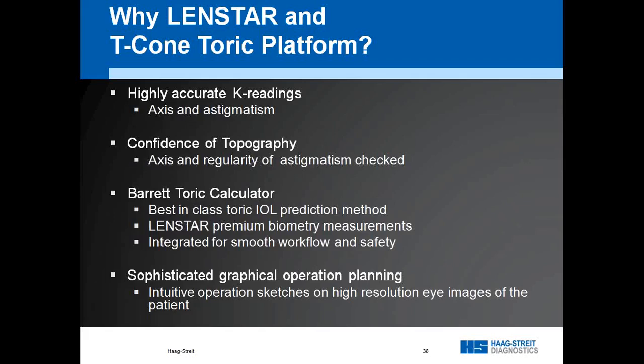The Barrett toric calculator, as shown with just the recent results, is the best-in-class IOL prediction method. Using LensStar Biometrie, you get the best possible prediction result available, and all of it in a very smooth and safe workflow. If you want to do the same thing online, you always have the possibility of data transcription errors and so forth.